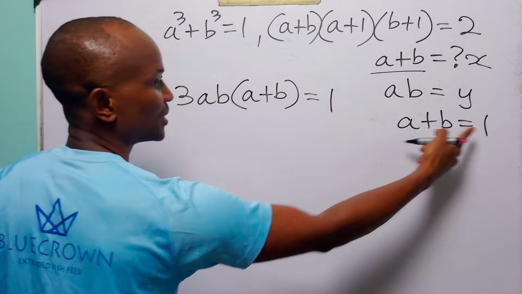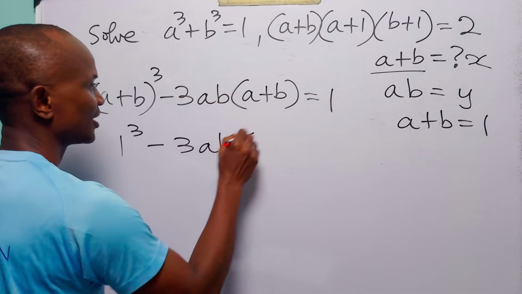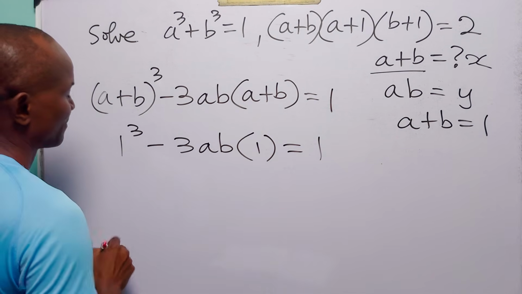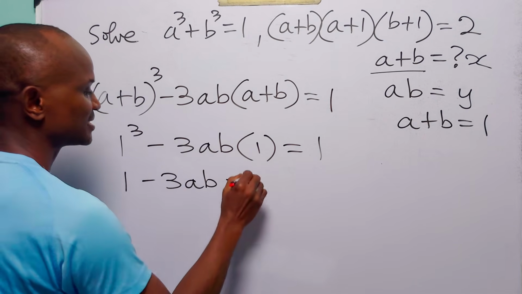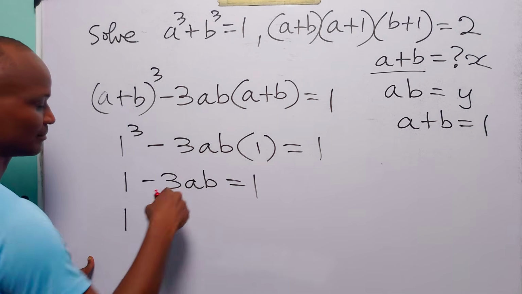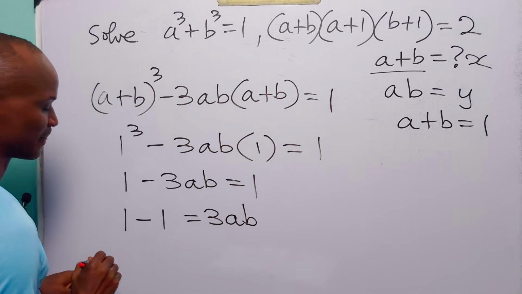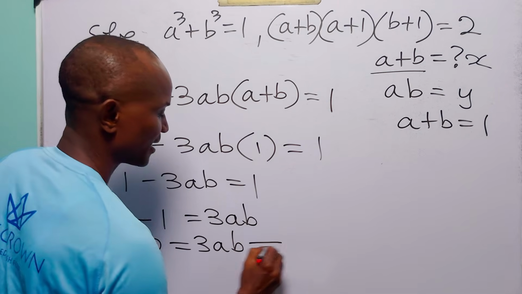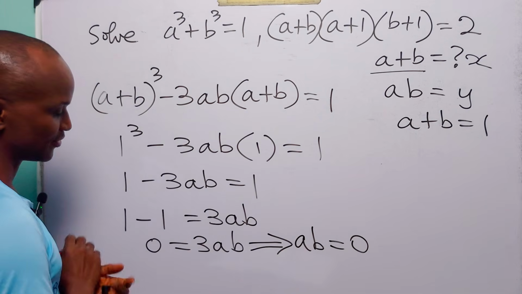Substituting into this equation, we have 1 cubed minus 3ab times 1 is equal to 1. 1 cubed is 1. Then we have minus 3ab. This is equal to 1. Rearranging this equation, we have 1 minus 1 is equal to 3ab. 0 is equal to 3ab. And of course, from here, we have that ab is equal to 0.